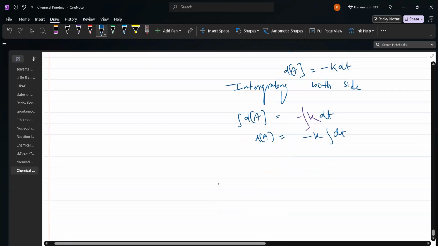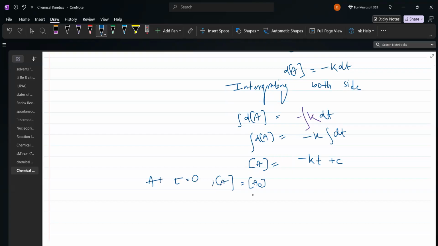Now see. After this, we will execute. So it will become this, then KT plus C, because this has been integrated. Now at t is equal to 0, at time 0, the initial concentration of A was A naught. At time 0 means the reaction had not yet started.